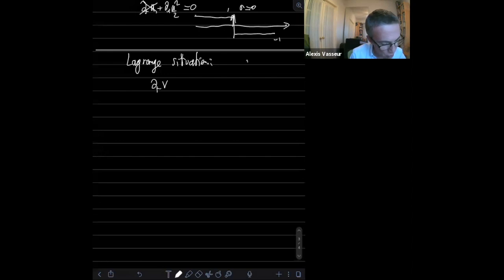V is 1 over rho. This is the equation of the rho, which becomes like this. And you have the equation on the U, which becomes, with the pressure of V, rho to the gamma. And you have the Navier-Stokes here. So this is the Navier-Stokes.